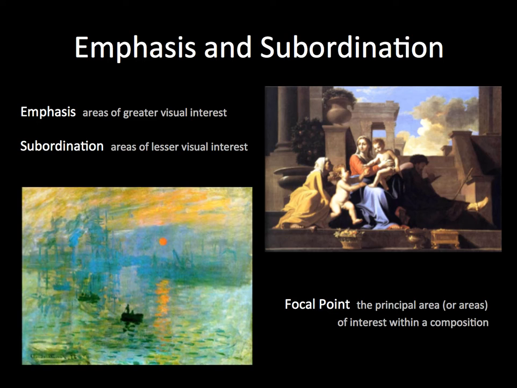If we look on the top right here, we see a composition. And this is a good example as far as looking at some areas that have more of a visual interest and others that have less. For instance, most of the time we're going to be drawn to the figures in the foreground, but we might not even notice at first the figure there in the shadow in the foreground.